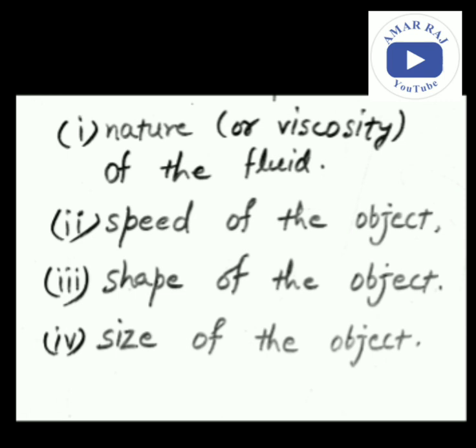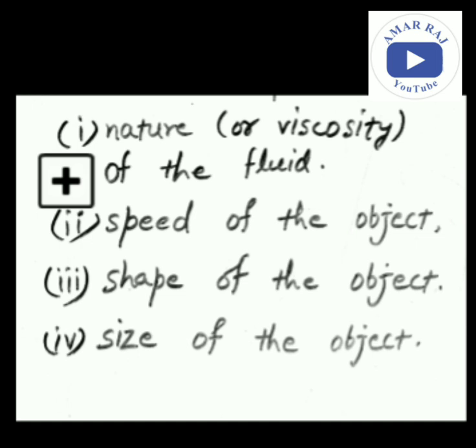Now let us take some concept about how frictional force exerted by fluid depends upon these four factors. So let us discuss the first factor, that is the nature or viscosity of the fluid.